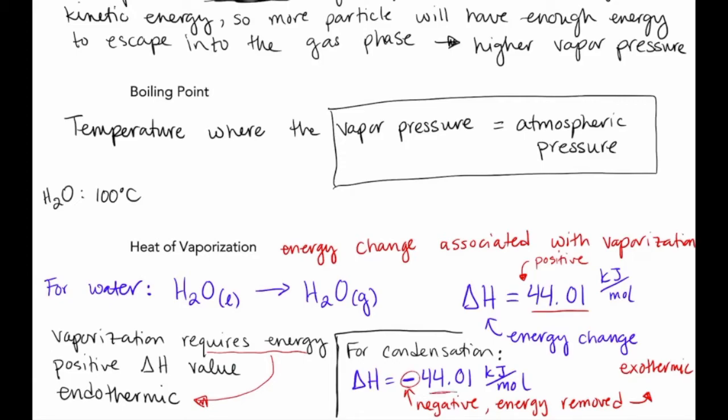It's the same amount of energy involved. The amount of energy required to heat the substance up to a gas is the same amount that needs to be removed when we go backwards to become a liquid. So the amount of energy is the same, just in vaporization, it's a positive amount of energy. We have to put the energy in. For condensation, it's a negative amount of energy because we're taking the energy out of the system.